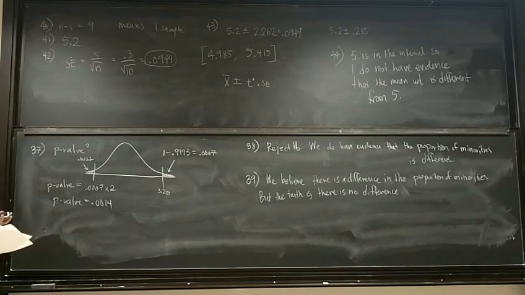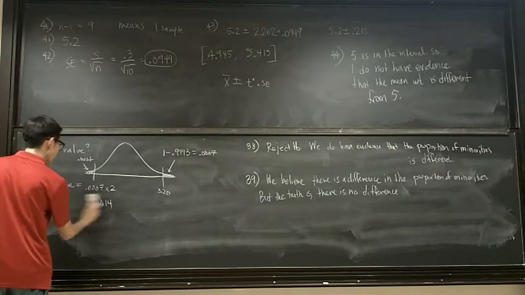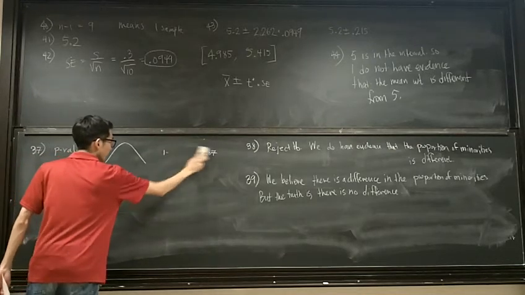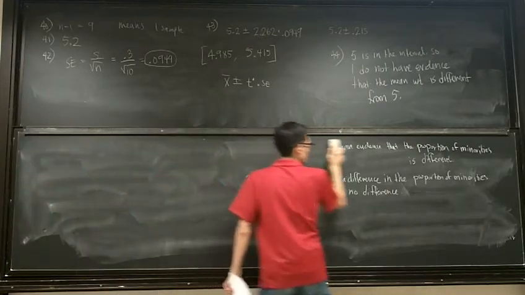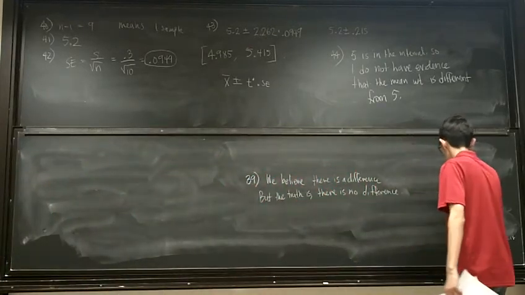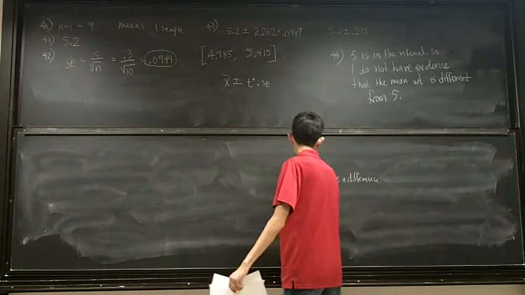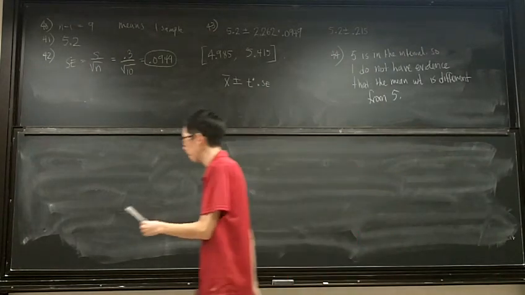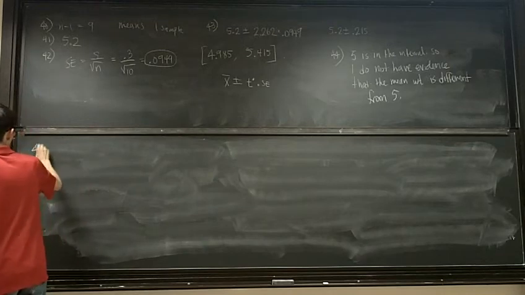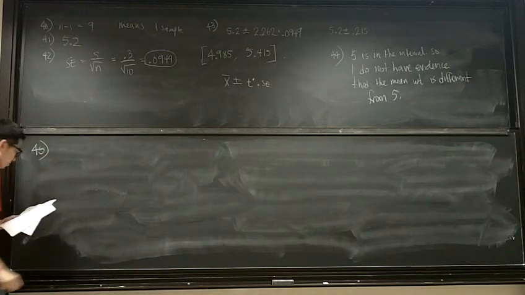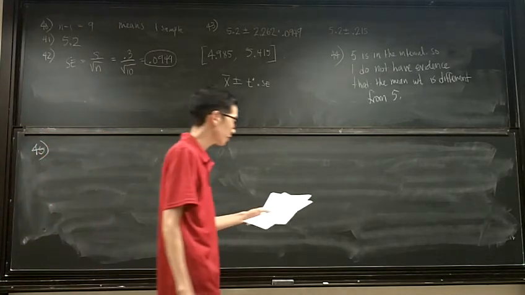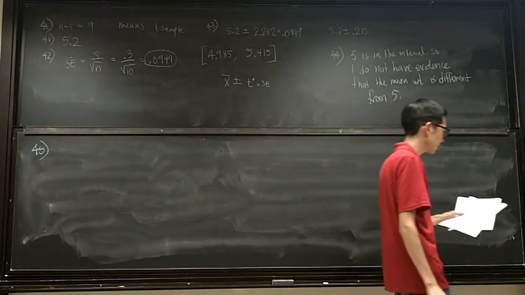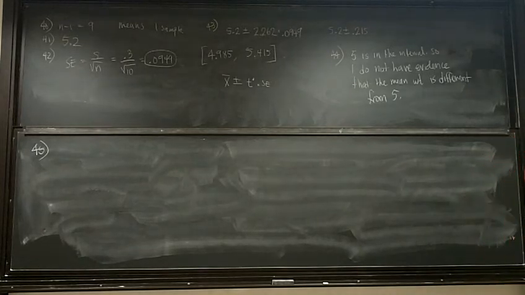Last page of the practice final. 45. A fair die should land showing the number 4 1/6 of the time.